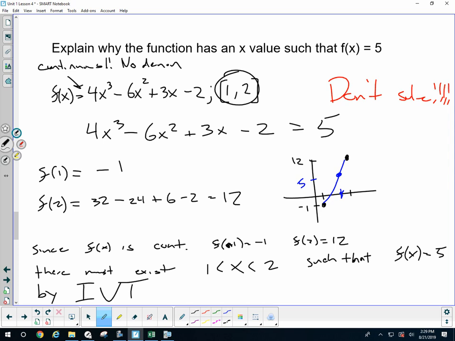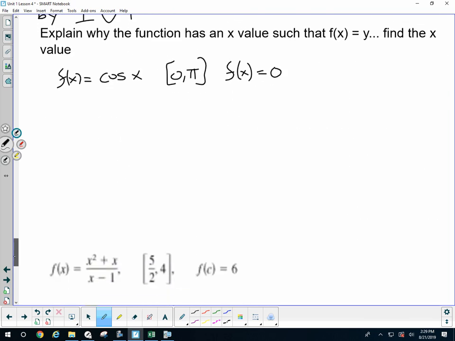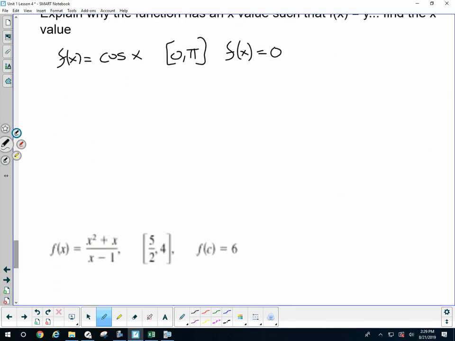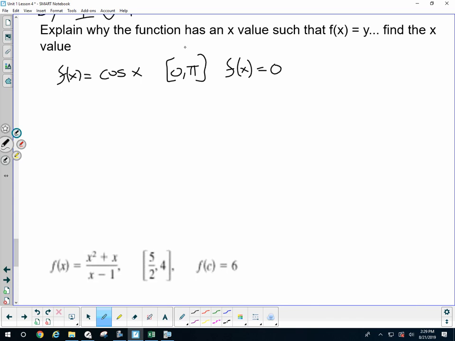Okay, the next couple examples, I'm just going to say verbally. Oh, but we want one extra step. We want to explain that the function has a solution, and we want to find the solution. All right, cosine, continuous, fantastic. F of 0, I know is 1.